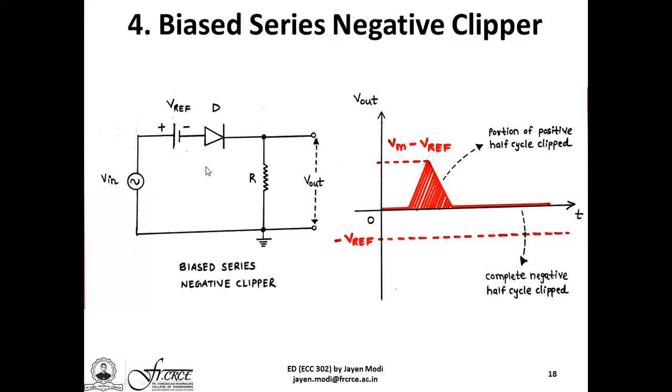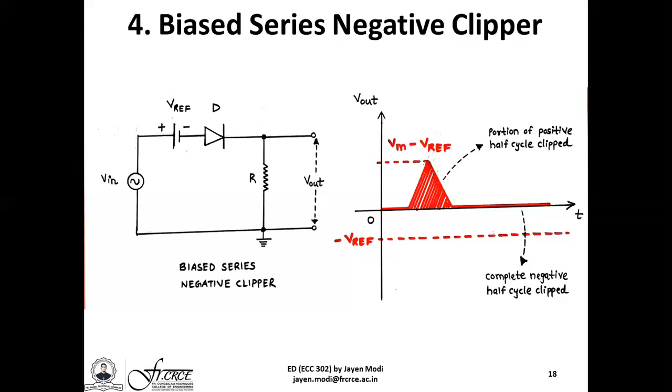You may ask, the negative part is connected here, so why doesn't the diode turn off? The reason is that now the AC input signal Vin is able to overcome the DC reference voltage Vref.